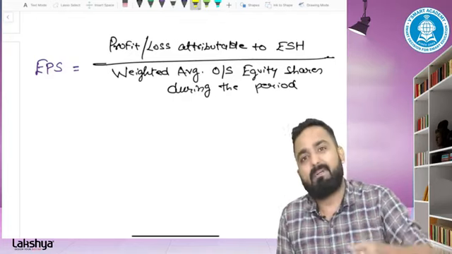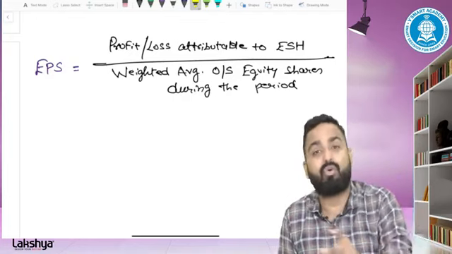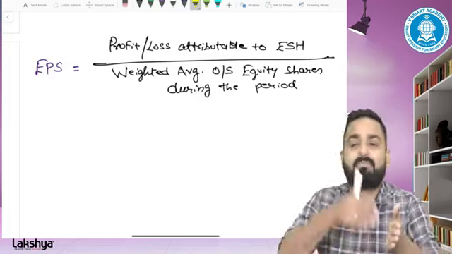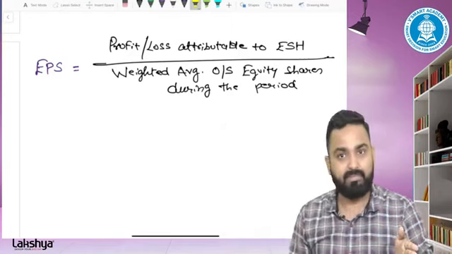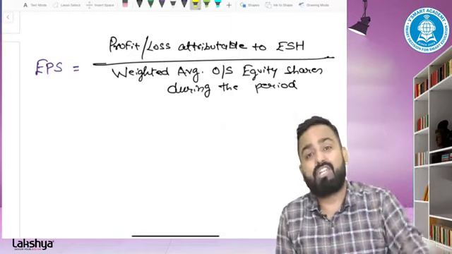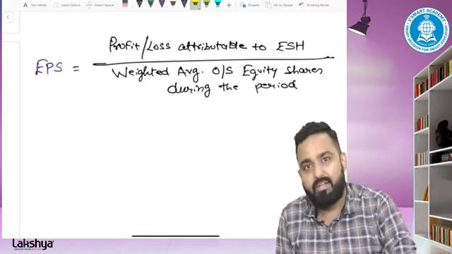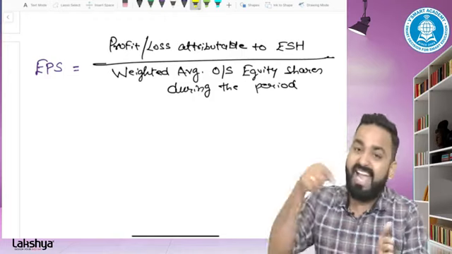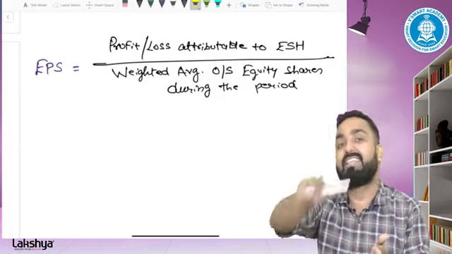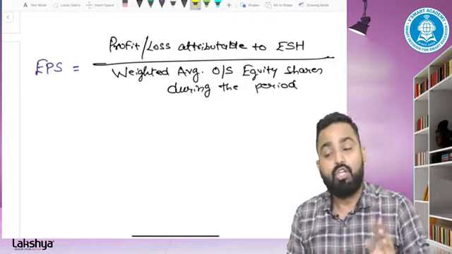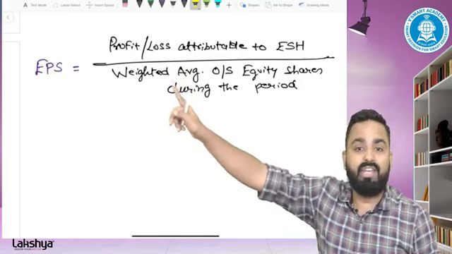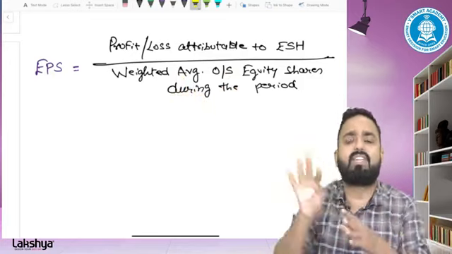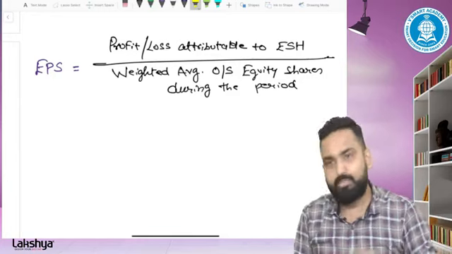If a particular share was outstanding for the entire 12 months, that share would be eligible for the entire year's earning. But if a particular share was issued in the month of July, that means after April, May, June, then that share will be eligible for the company's 9-month earning in the current year. So technically, we need weighted average numbers considering all the transactions of equity. I hope you are getting my point.